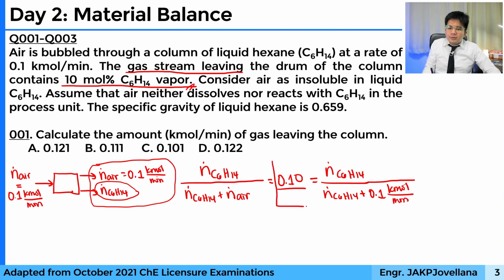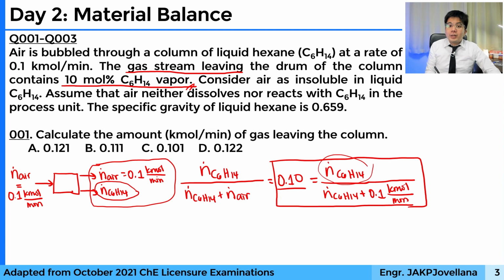So this equation has only a single unknown, which is N dot hexane. Using our calculator, we can compute for N dot C6H14 as equal to 1 over 90 kilomoles per minute. Or in decimal form, this is 0.011 kilomoles per minute.